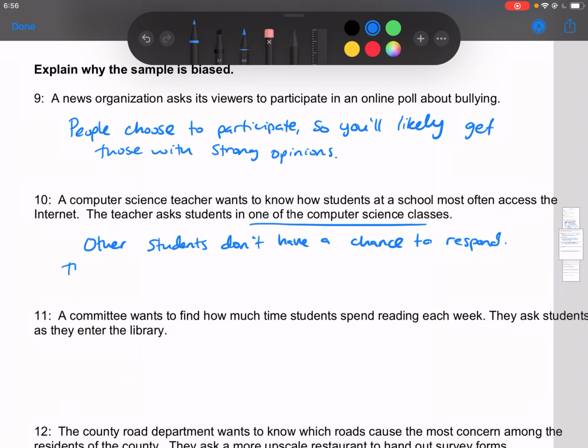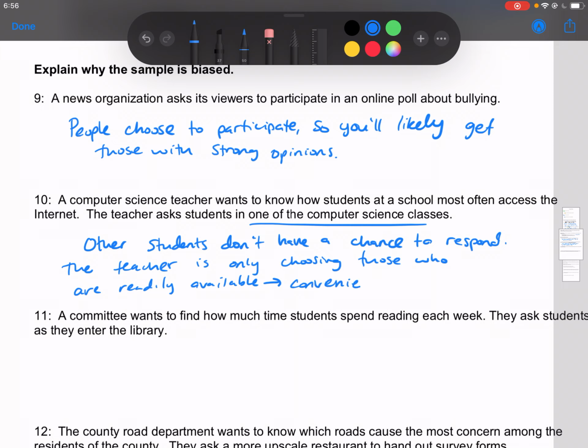The teacher is only choosing those who are readily available. So we call that a convenience sample. That's a big problem.